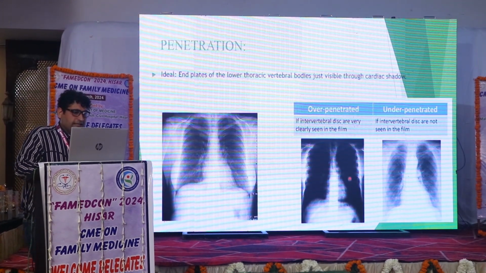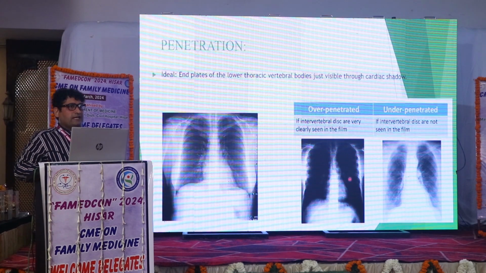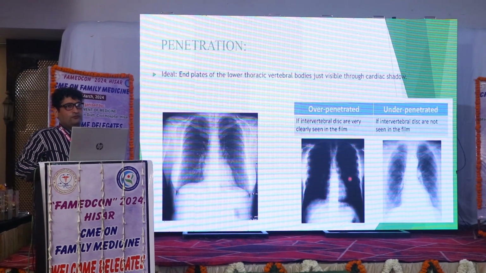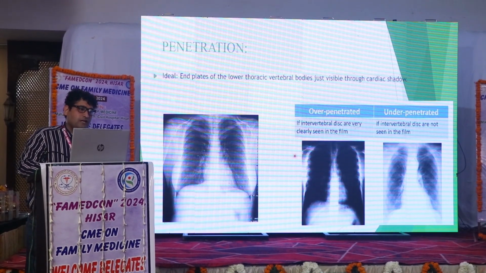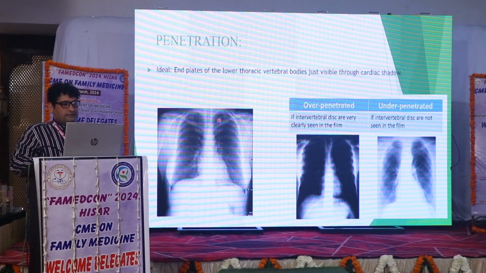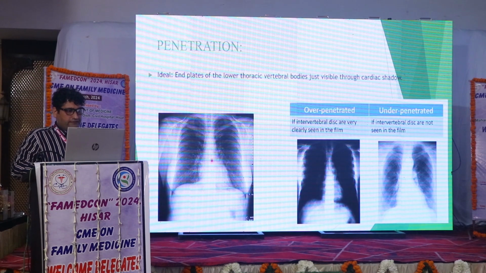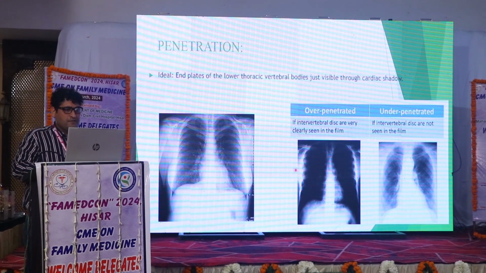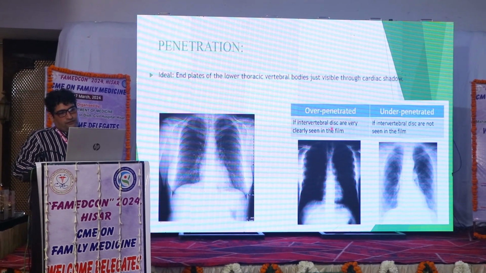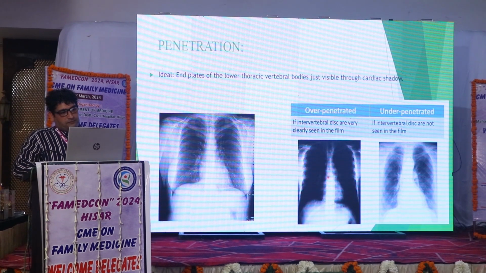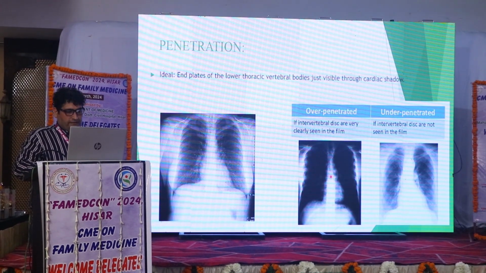Another thing is penetration. Penetration depends on the X-ray machine settings, whoever performs the X-ray. Ideally the end plates of the lower thoracic vertebral bodies should be just visible through the cardiac shadow. Here we are able to see this is an adequate film. If it is over penetrated, you will be able to see the intervertebral discs in between these vertebrae.